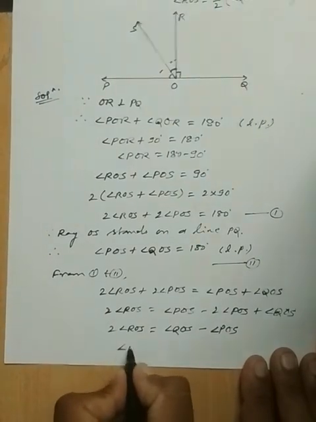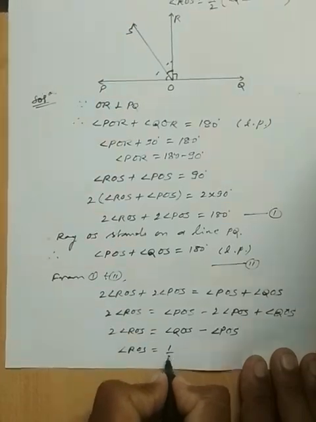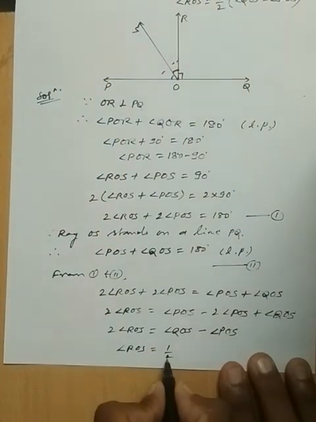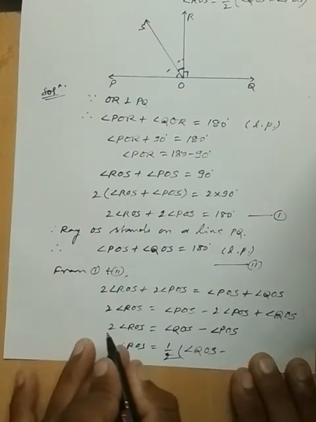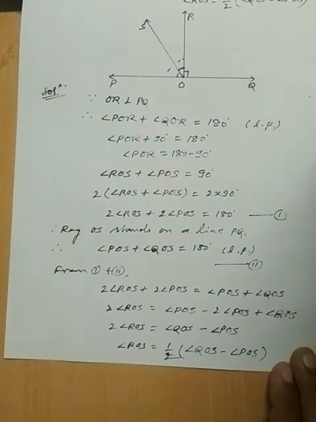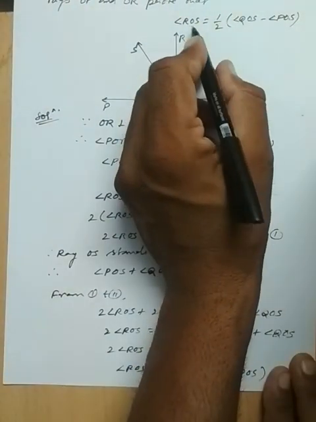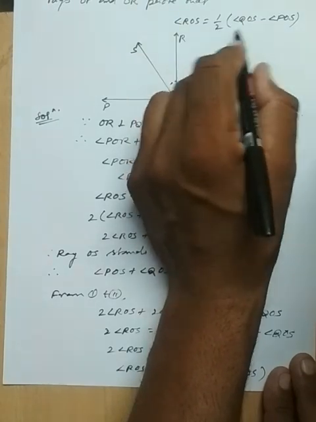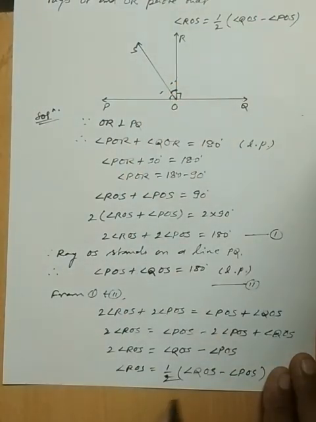So angle ROS, cross multiplied, is half of angle QOS minus POS. This is the proof, because our proof part is ROS equal to half of QOS minus POS.